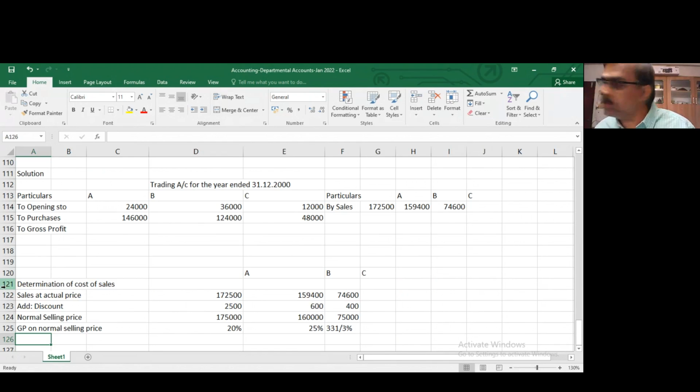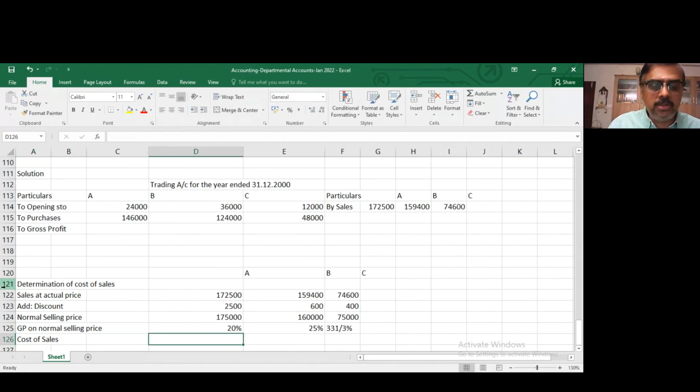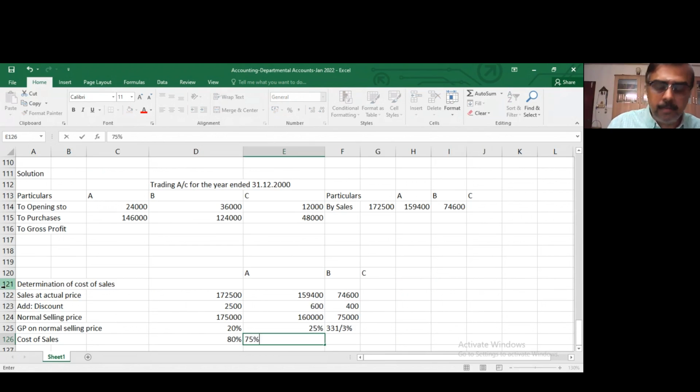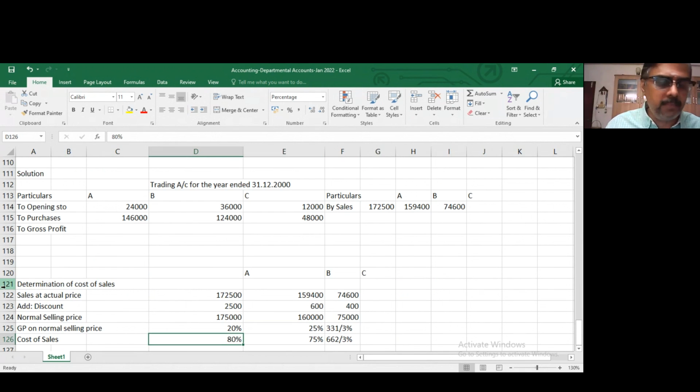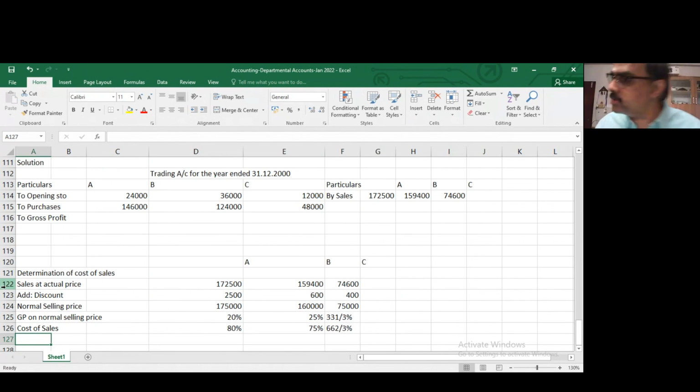Profit on normal prices is 20%, so cost of sales is 80%, and here it is 75%, and the balancing figure, cost of sales, is 66 2/3%. Let me repeat: if GP is 20, your cost of sales is 80. Do you agree? GP plus cost of sales is your sales. So 20 and 80, 25 and 75, 33 1/3 and 66 2/3. This is the split between GP and cost of sales.